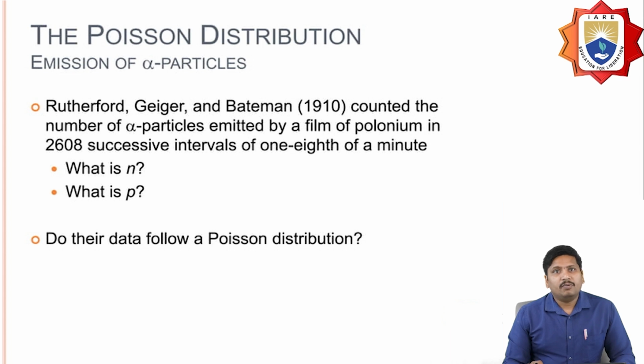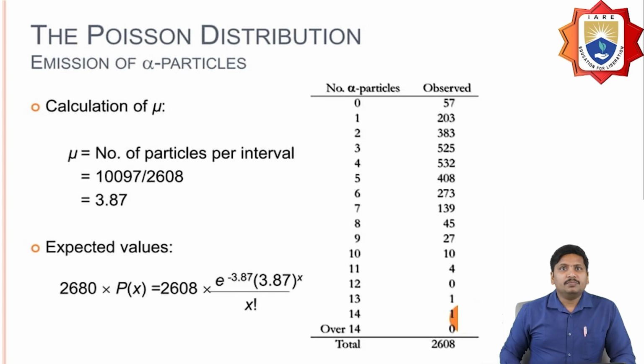Emission of alpha particles is one example: what is n and what is p, and whether the data follows the Poisson distribution. First, calculation of the mu value.